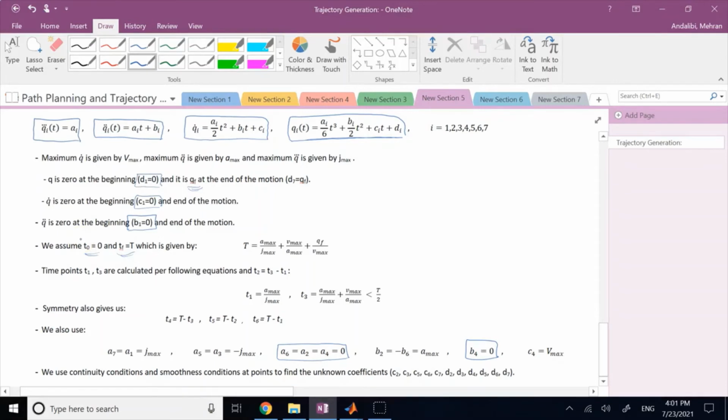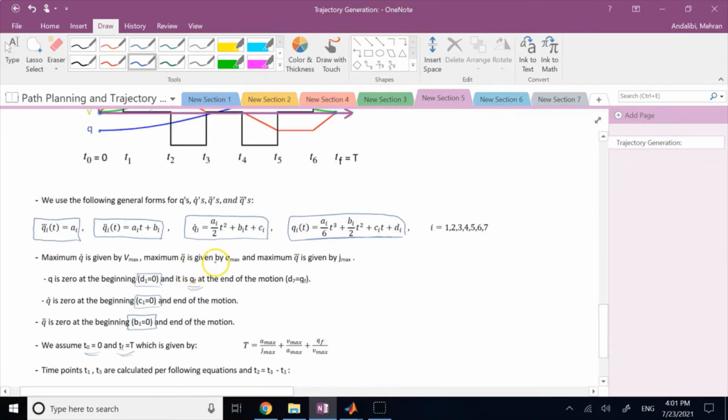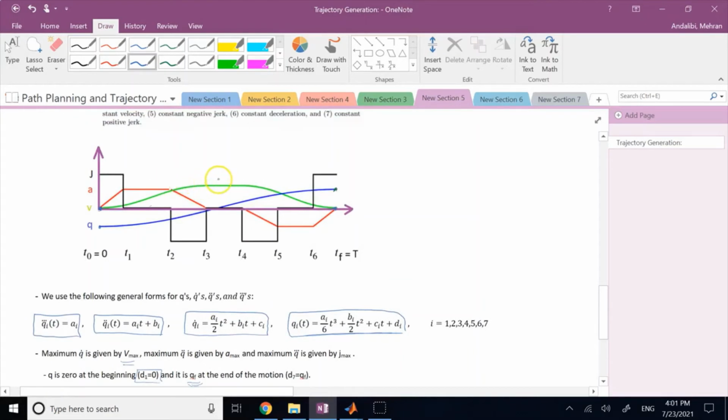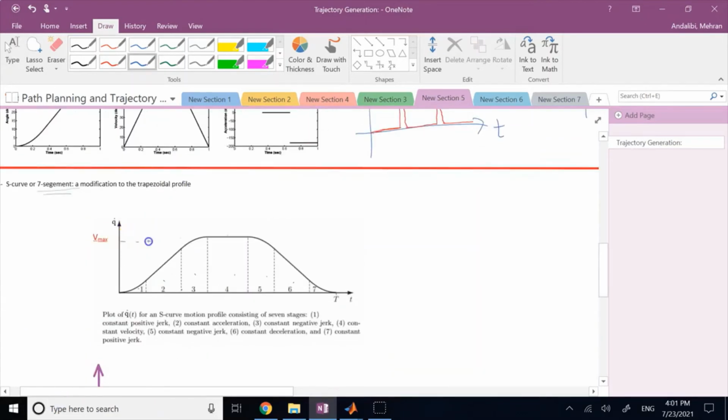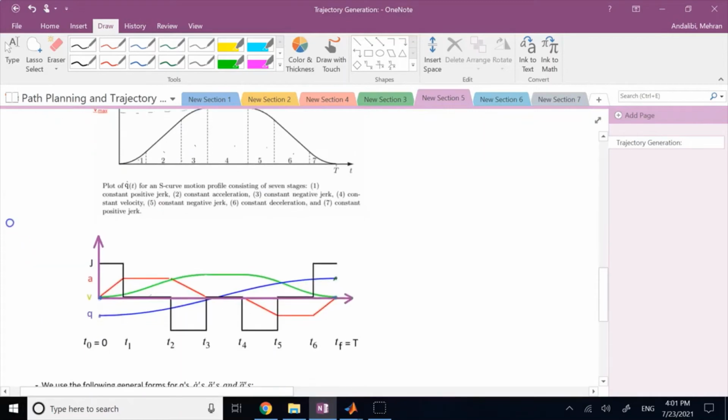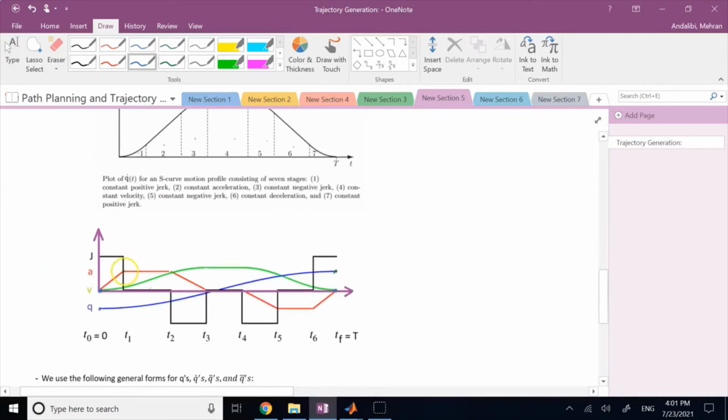Now, what you consider here is 3 constants. One is the maximum velocity, just like the previous case, correct? This Vmax is the fastest that your motor or linear actuator can move or rotate. You also have some maximum acceleration, your Amax, which comes from your motors again, how much torque or force they can generate.